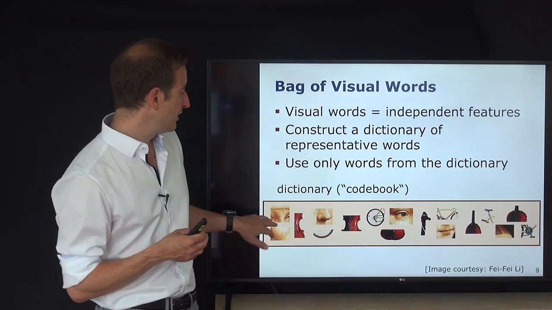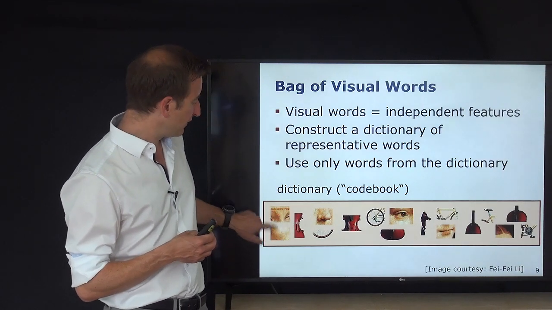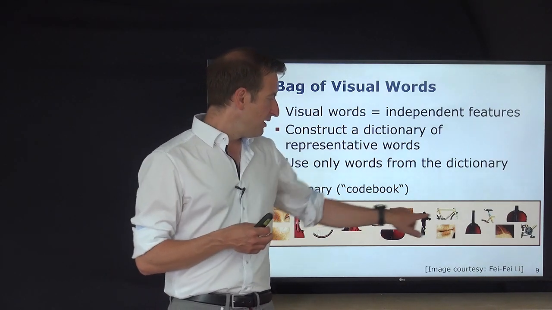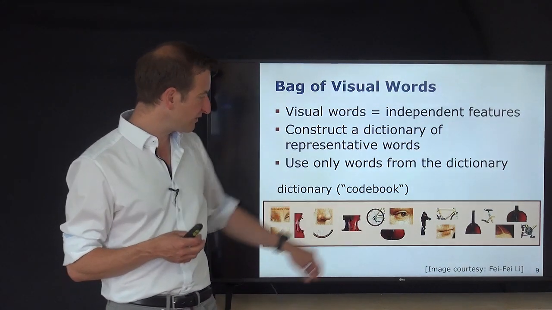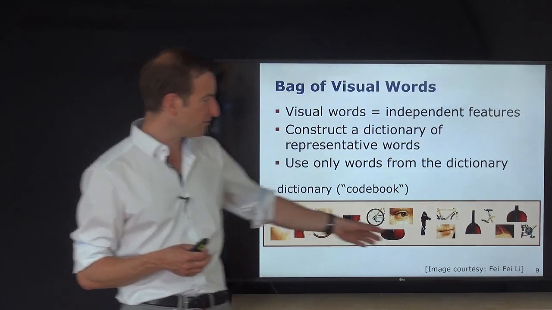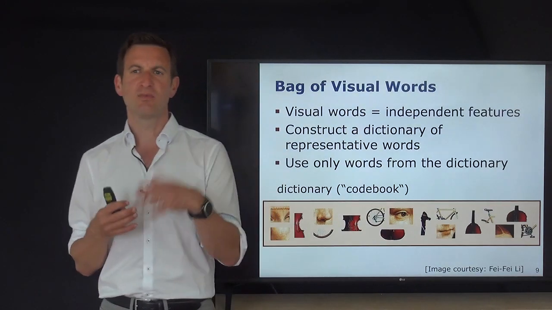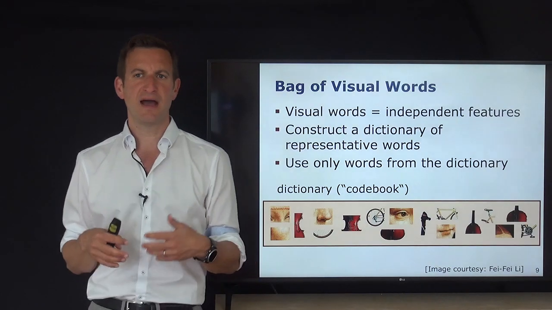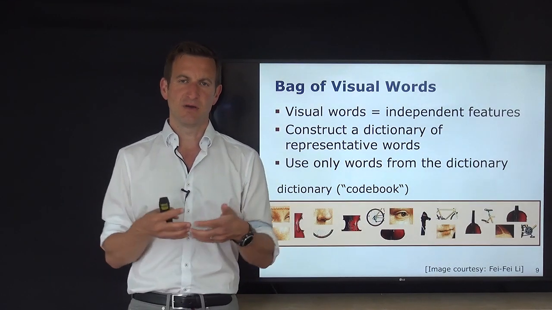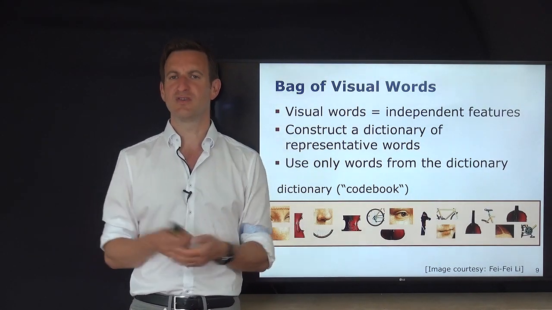You can see some of those sub-images stem from this face example, others include bikes and others may include music instruments, just as a small example. So there's a large variety of words that you need to define in order to have a wide coverage of the images you can cover.